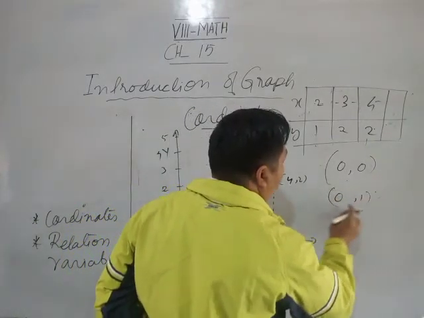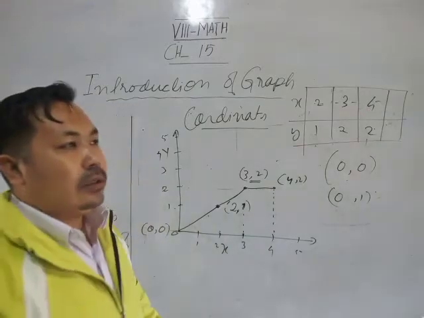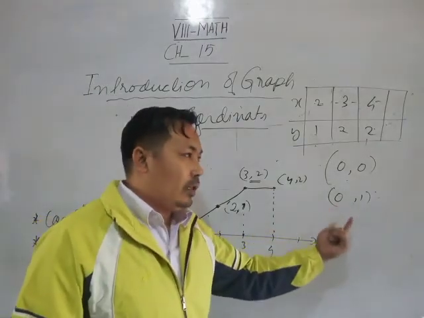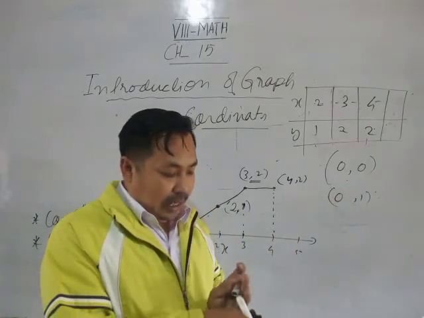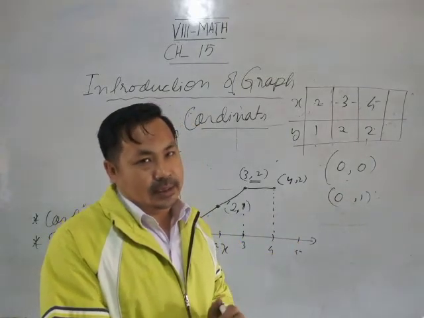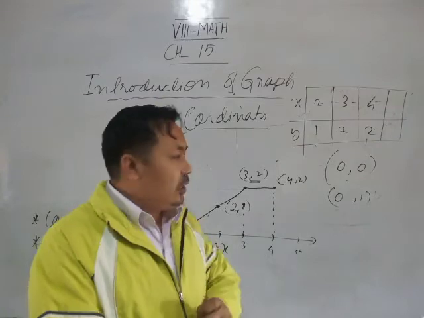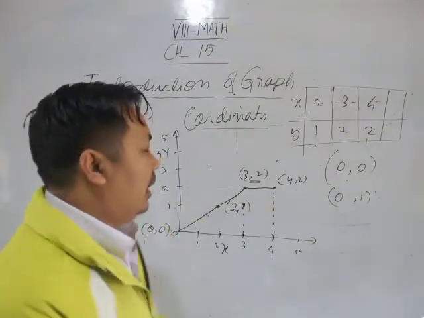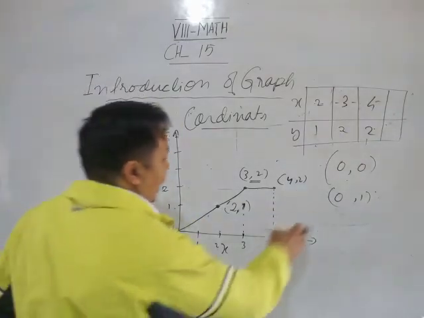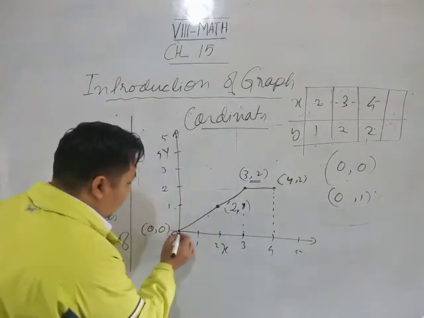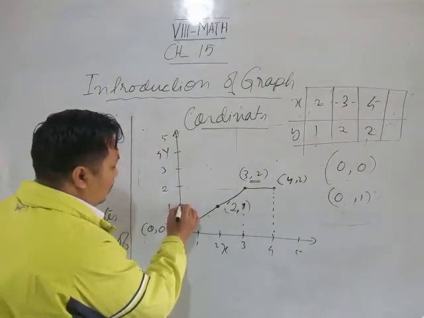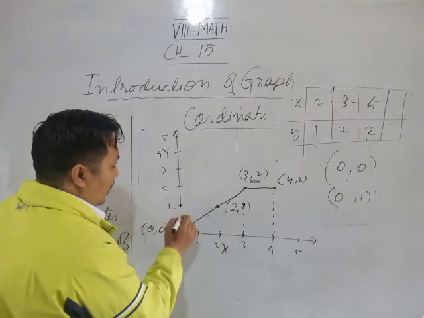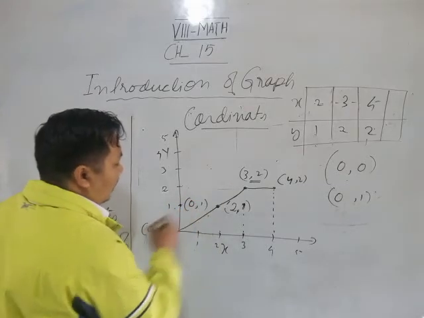So, where will this coordinate lie, on the x-axis or y-axis? That is one very beautiful question. So, let us see where this point is. Now, x is 0. x is 0 will be here and y is 1 is here. So, this is the point of this coordinate 0, 1.